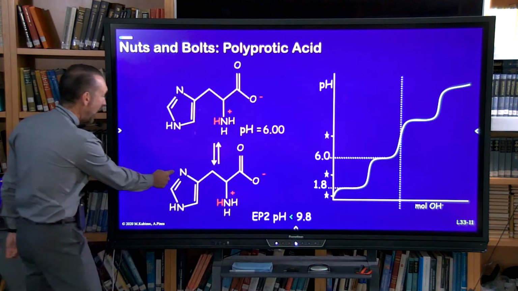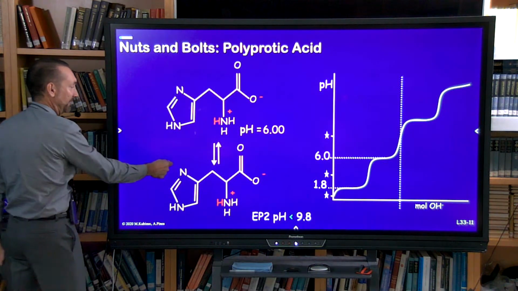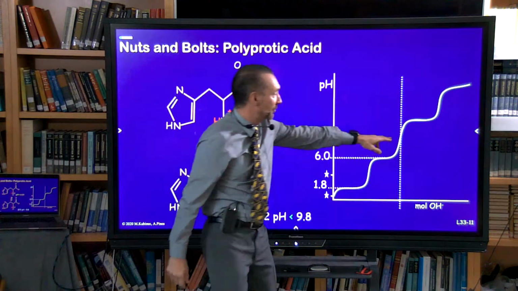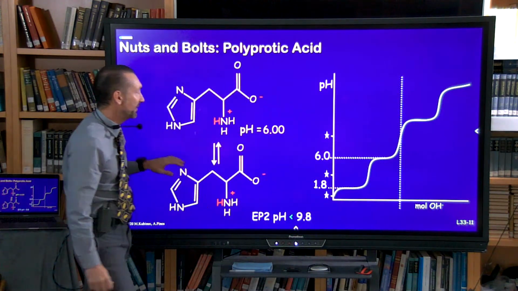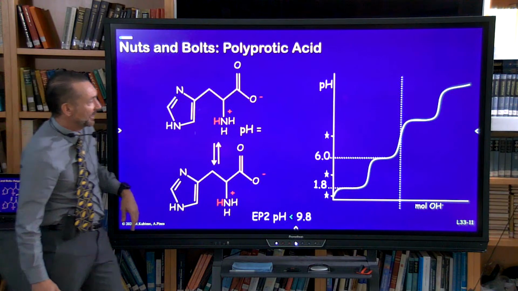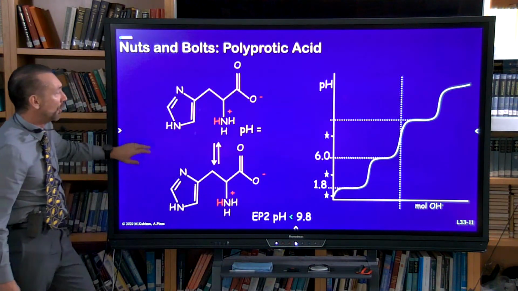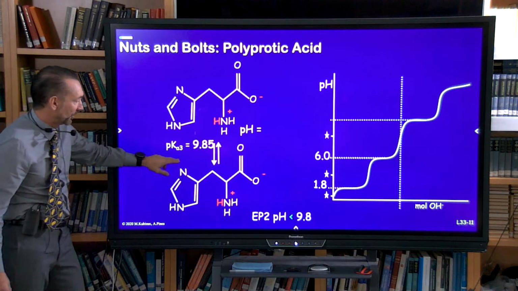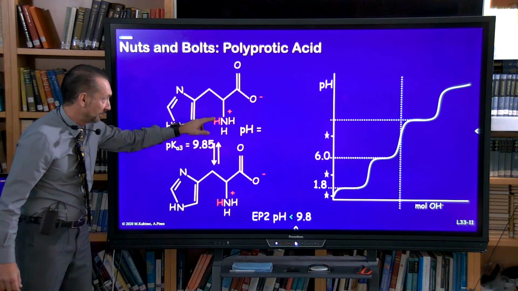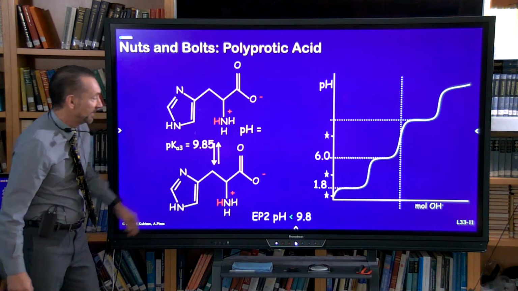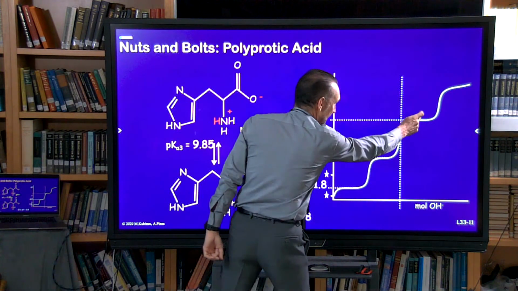And you'd continue, you'd get to the equivalence point where you've taken all of those protons off. So here you're at equivalence point with all of those protons off, and again, you're going to make an estimate that that's less than 9.8, because you know the next equivalence point for that proton coming on and off is 9.85, and that has to be here.